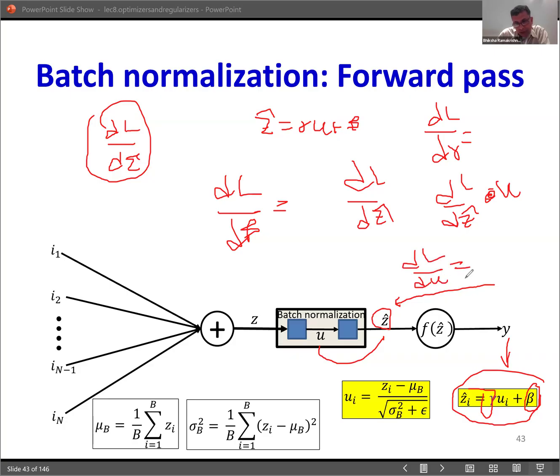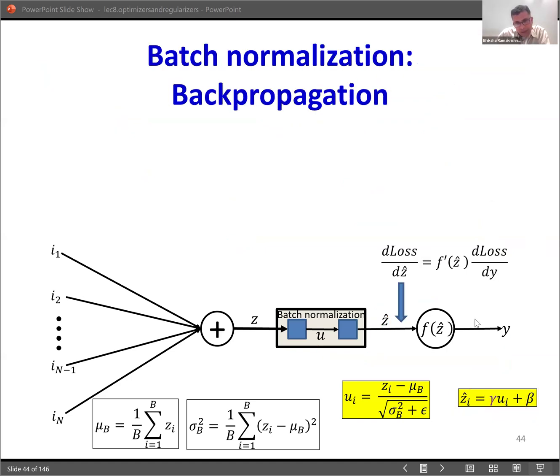And what is the derivative with respect to u? It's going to be dL over dz hat times gamma. So this is easy, nothing complicated, very trivial. Backpropagation will give you the derivative for z hat.